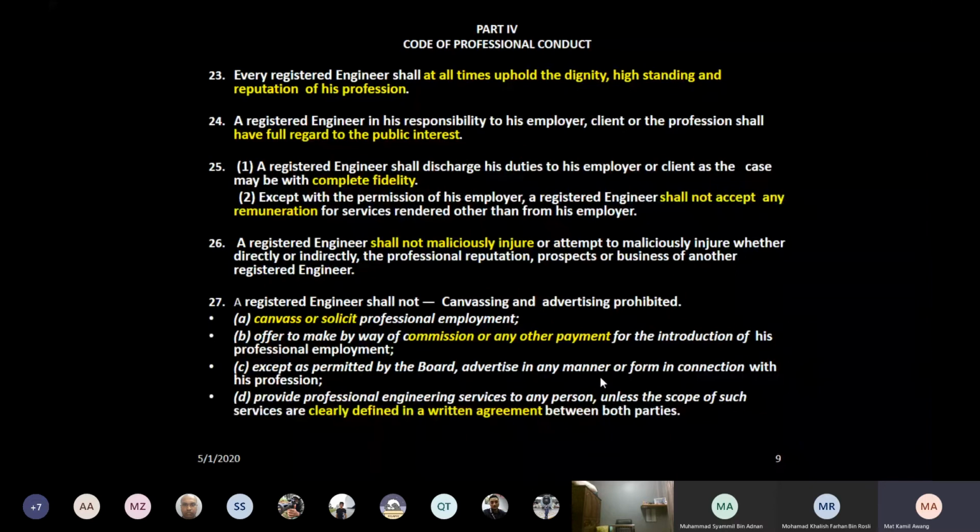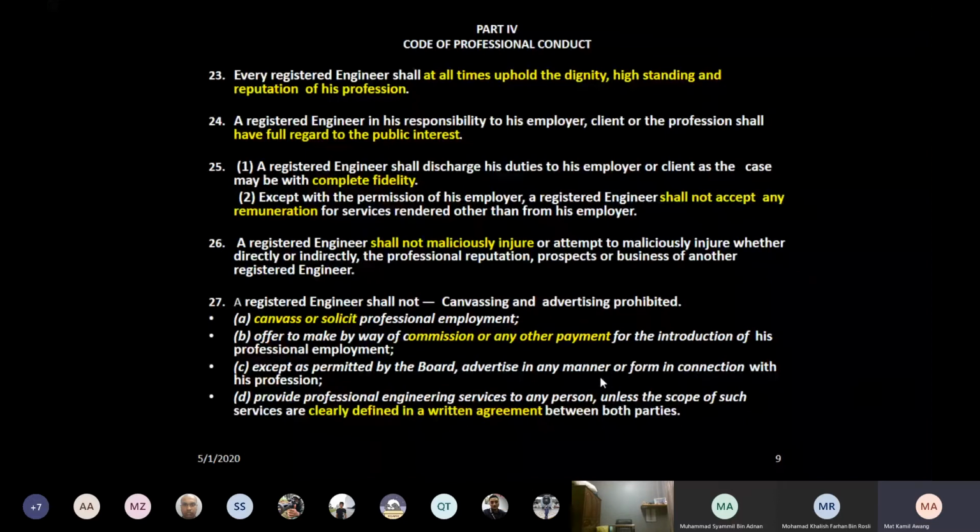And second, while discharging your responsibility to your employer or to your client or to the profession in general, you must have the public interest as your consideration. You cannot jeopardize the public interest.